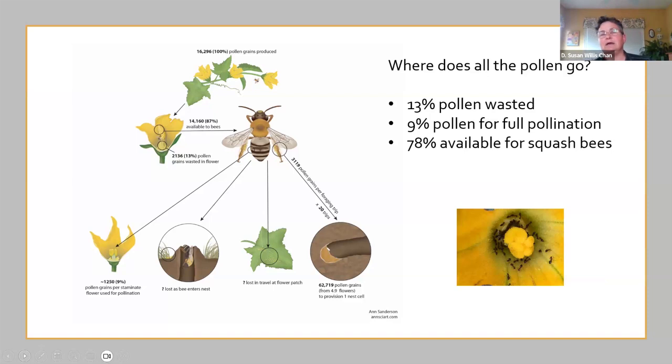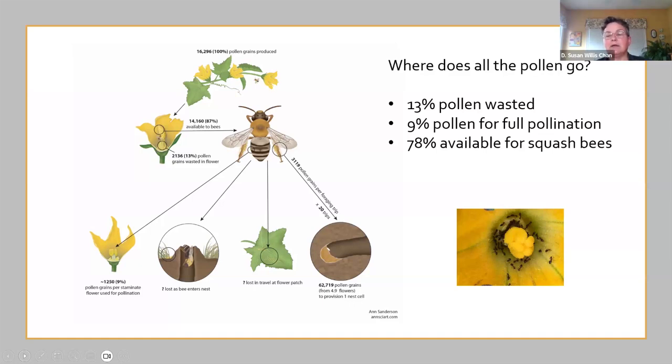Now, just as a little aside, I did some work to see where all the pollen goes from pumpkin and squash crops. And what I found is that about 13% of the pollen that's produced by a male flower in squash crops is actually wasted. It's wasted in terms of the plant, and it's wasted in terms of squash bees.